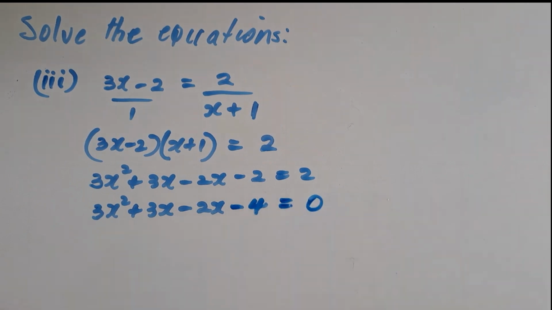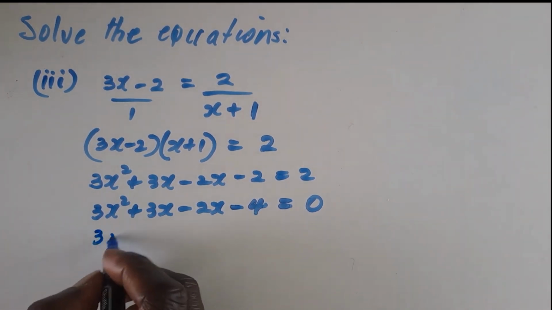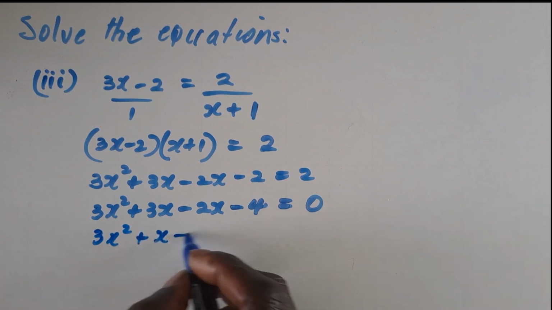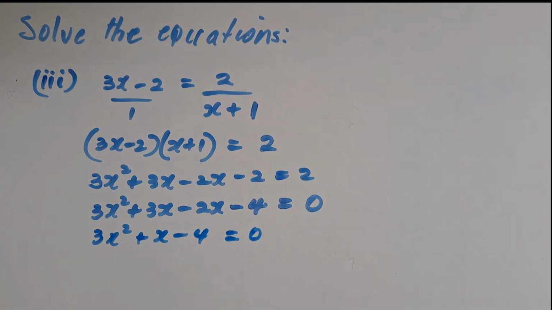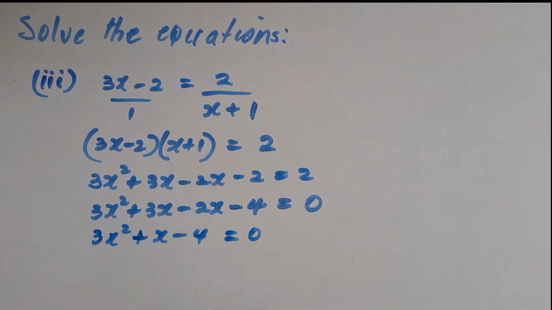This is equal to 0. So next, we need to simplify this. So we'll have 3x squared, this will give us x minus 4 equal to 0. So now we have a quadratic in x to solve.